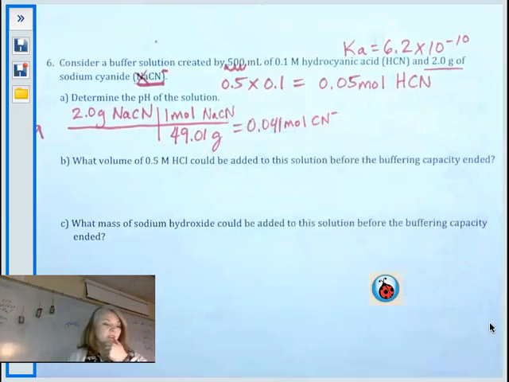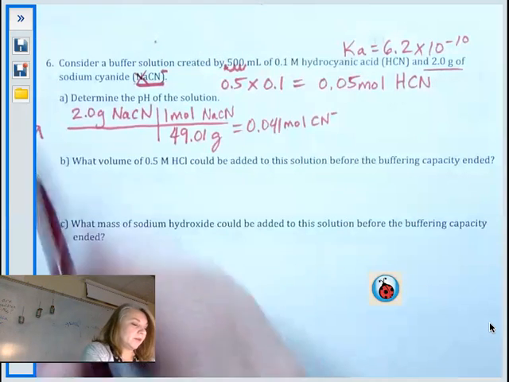Okay, good. Now I know that it's moles of sodium cyanide, but again, we don't care about the sodium anymore because once we figured out how many moles of sodium cyanide we have, looking at the ratio of sodium to cyanide, that's a 1-to-1 mole ratio, so you would have 0.041 moles of cyanide ions.